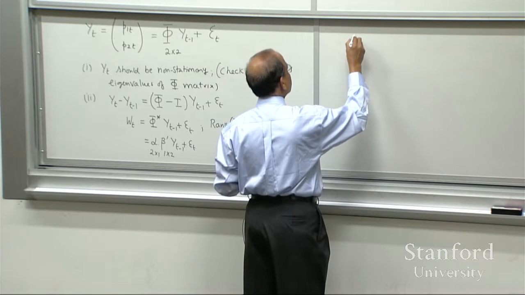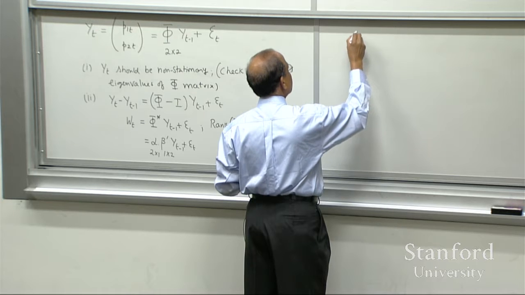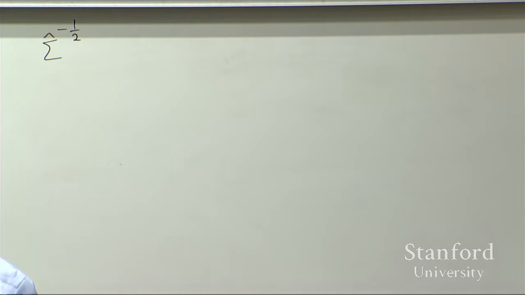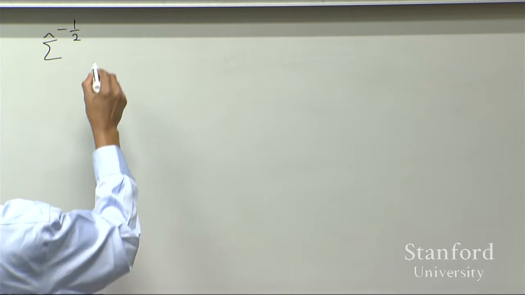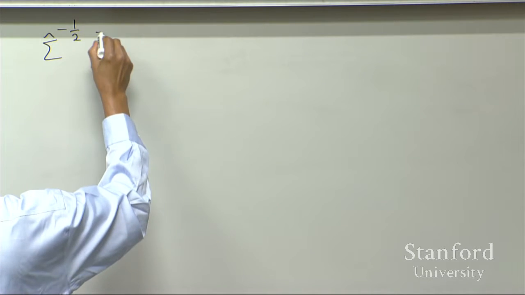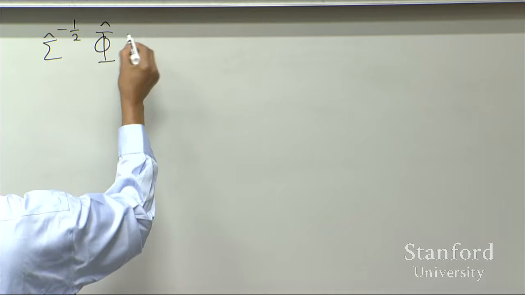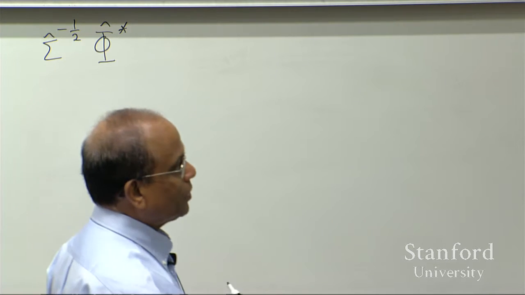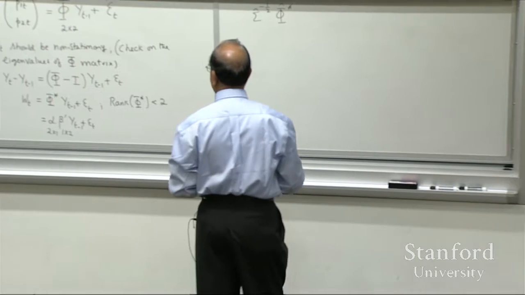So, in the context of this, this is going to be sigma hat to the power minus f, and then you have pi hat minus I. So, I am going to put pi hat star. Okay. So, we are talking about this equation here. Pi hat star and then xx prime.